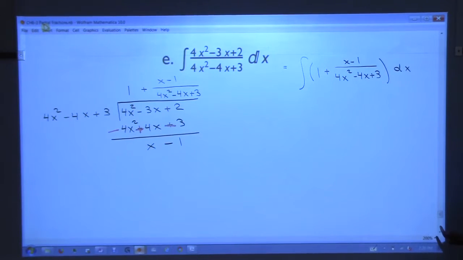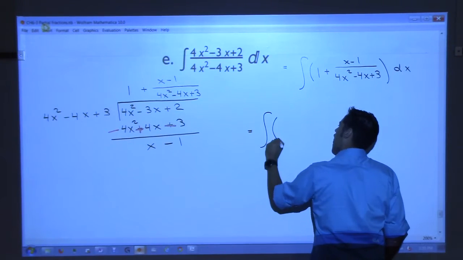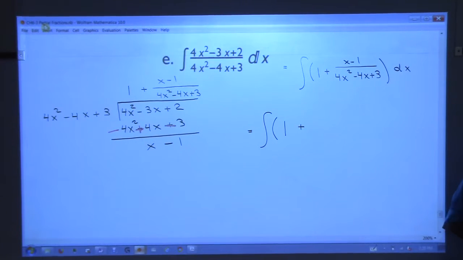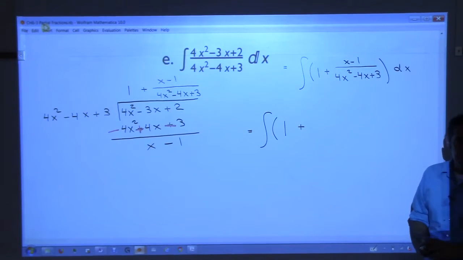So does the denominator factor? When you have a constant over a quadratic, that's when you would do that. Just a constant over the quadratic. That's irreducible.